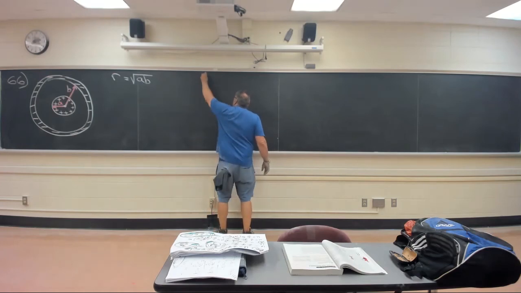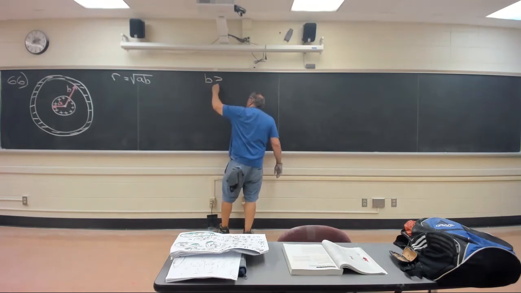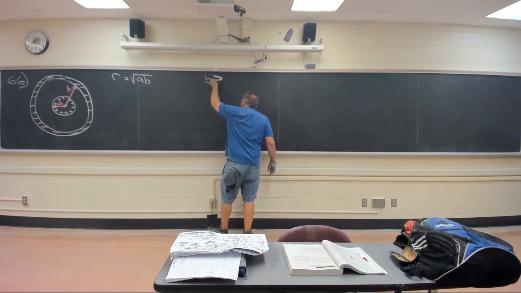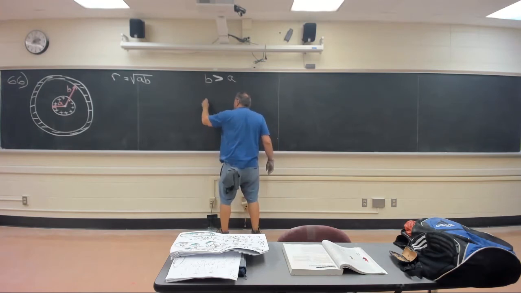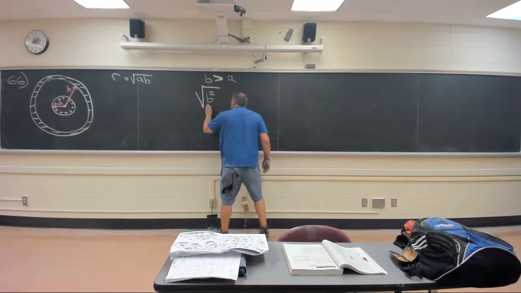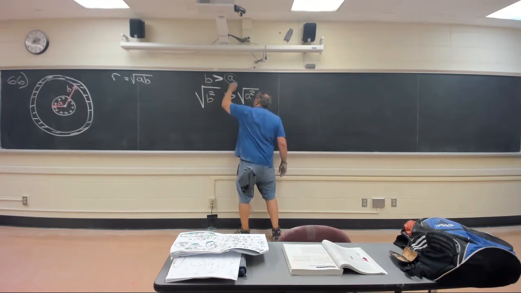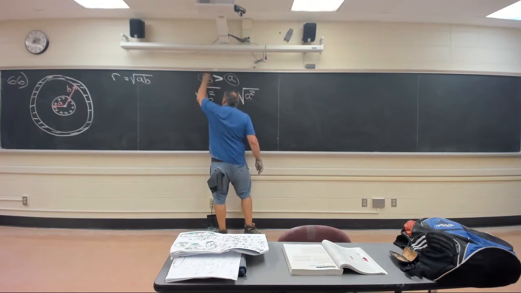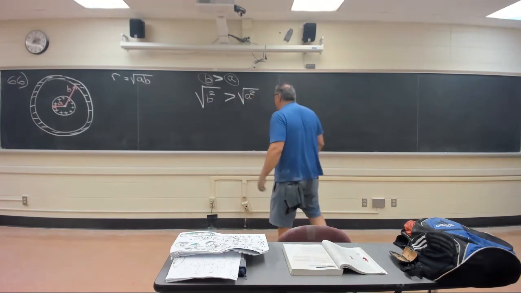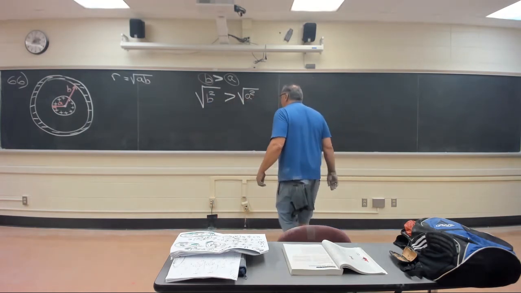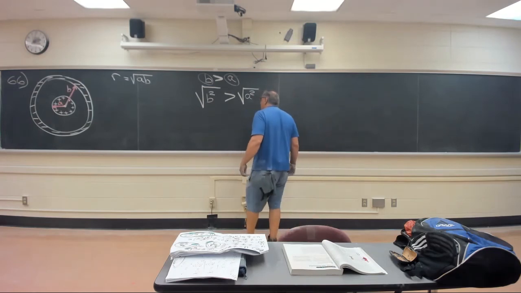We agree that B is greater than A. So the square root of B squared is greater than the square root of A squared. Why is that true? Because the square root of A squared is A, and the square root of B squared is B. So yeah, we know that's true.